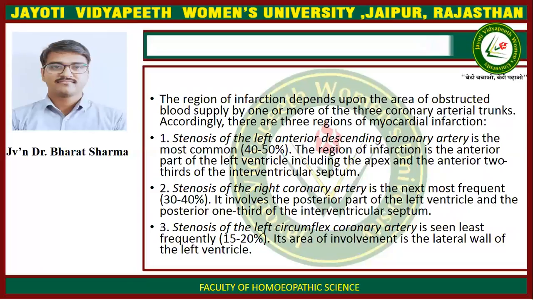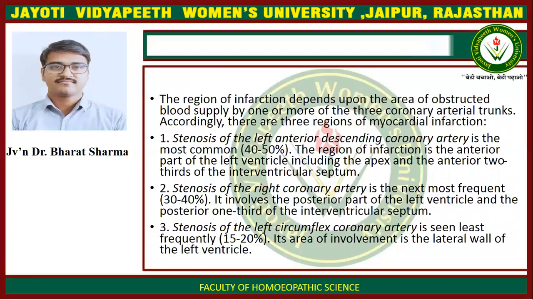The region of infarction depends upon the area of obstructed blood supply by one or more of the three coronary arterial trunks. According to this, there are three regions of myocardial infarction. First, stenosis of the left anterior descending coronary artery is the most common, 40 to 50%. The region of infarction is the anterior part of the left ventricle, including the apex and the anterior two-thirds of the interventricular septum.